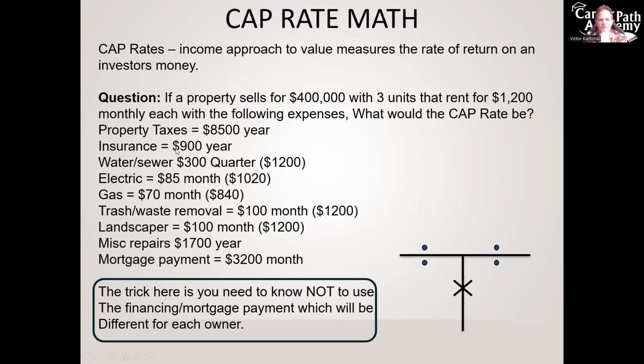Any that are monthly or quarterly, just convert them to annual. Quarterly, there's 4 quarters in a year, so 300 times 4, that's 1,200. I already converted them all to annual expenses here. So let's add up all these annual expenses except for the mortgage debt service, and then we're going to subtract that from the income.